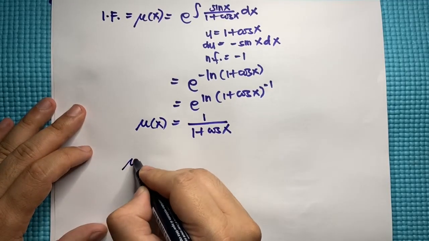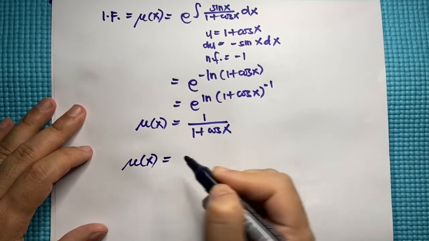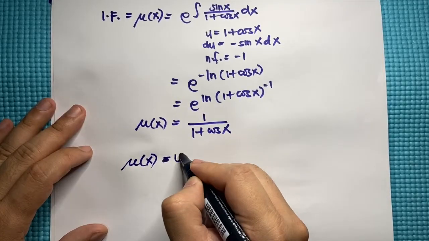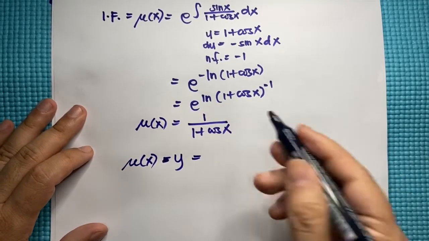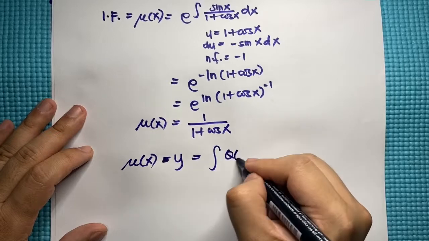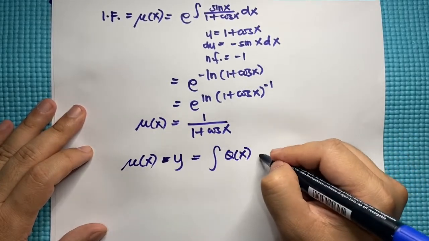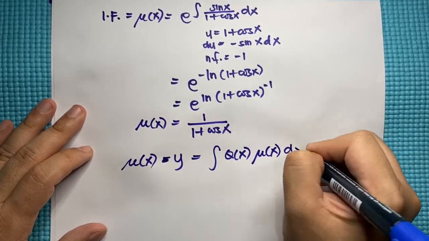To find the general solution, our mu of x multiplied with y would be equal to the integral of q of x multiplied with mu of x dx.